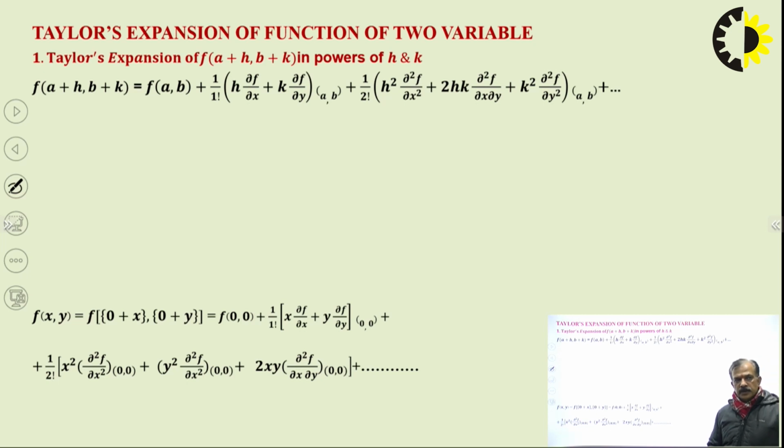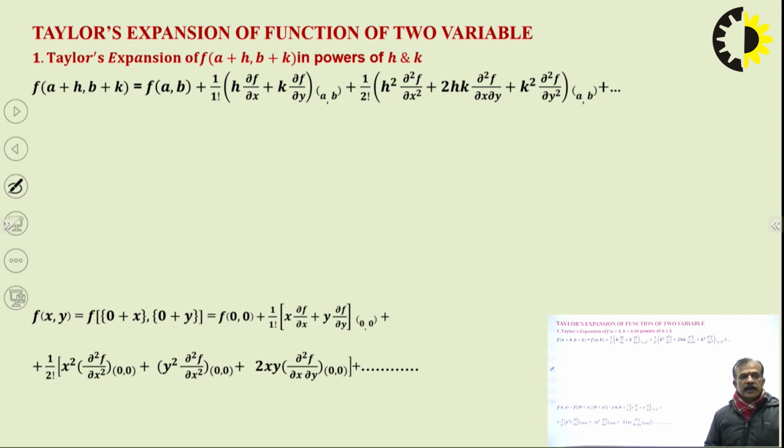So, the Taylor expansion of f of a plus h comma b plus k in powers of h and k both, because the second part of the first term is h, and the second part of the second term is k. So, the expansion is in powers of h and k, with the values of the function and its derivatives at x equal to a and y equal to b, because this is a function of x and y both.